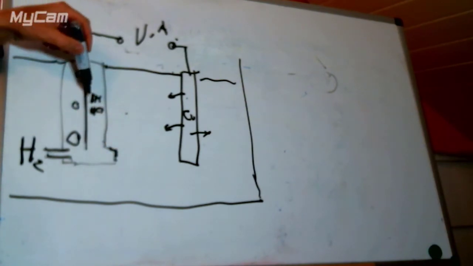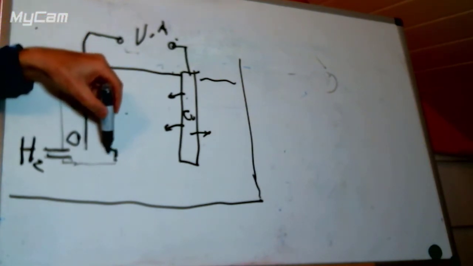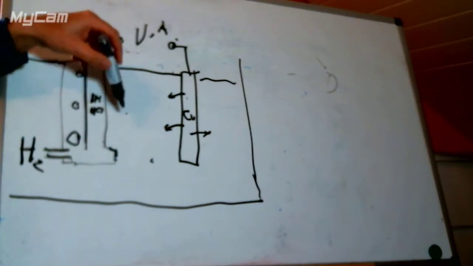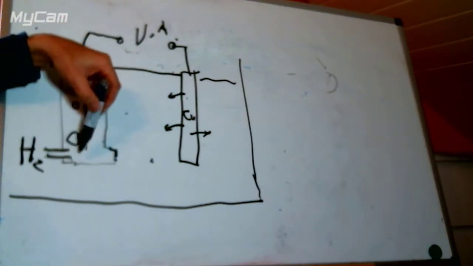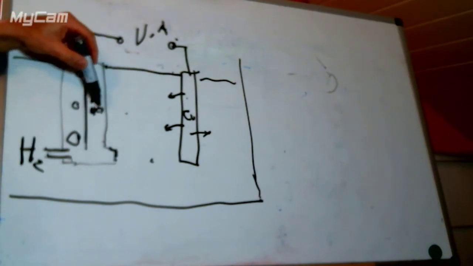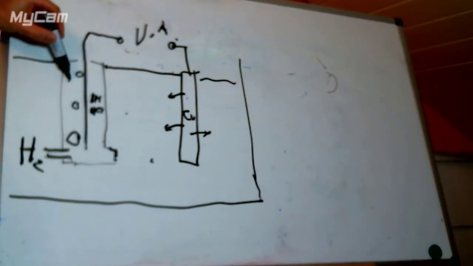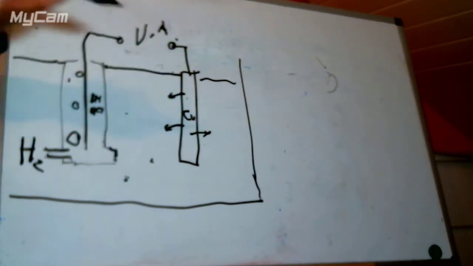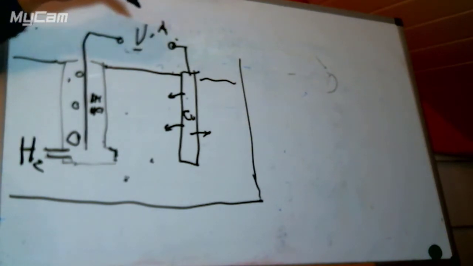If we wait, obviously, for a long time, the hydrochloric acid will leak out, and whatever is in here, which was tap water, I think I said, will go inside. That will change this concentration, so it will change this voltage, and it will change the concentration of hydrogen ions in here, which will cause our copper to dissolve probably faster. So we have a lot of things that can go wrong, but at least initially we have a constant voltage.